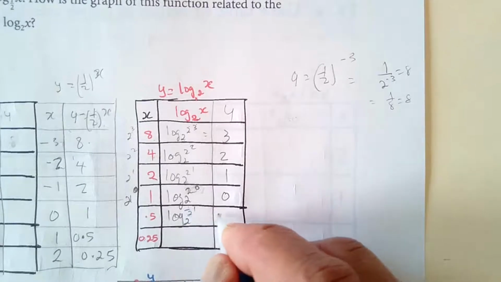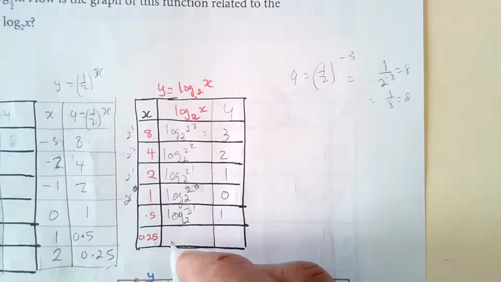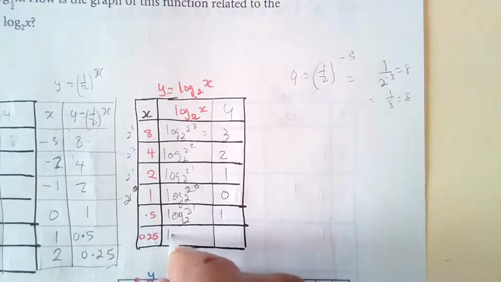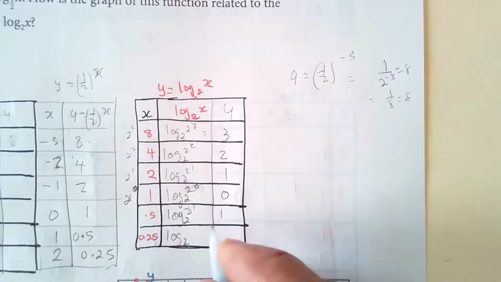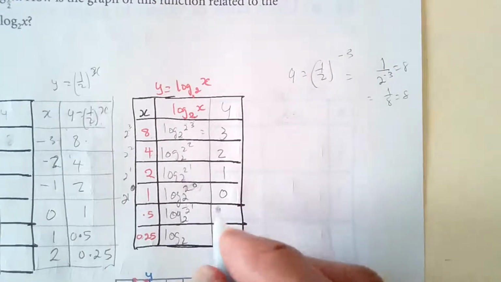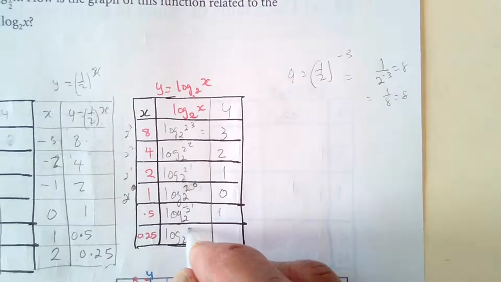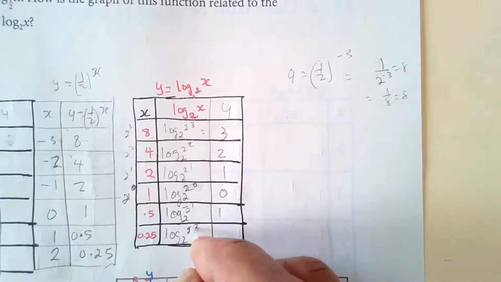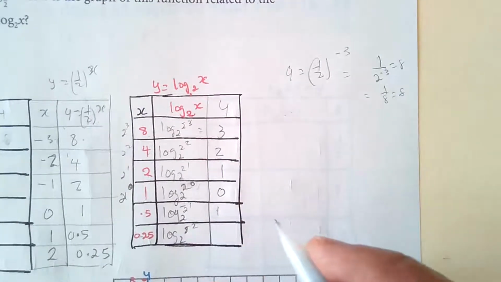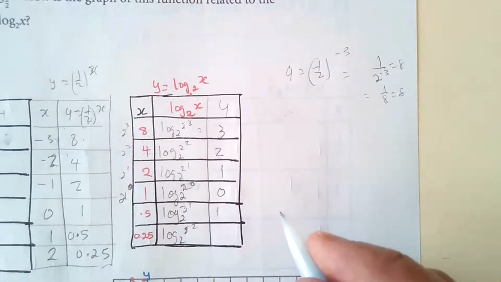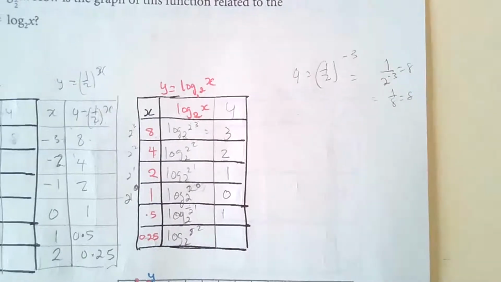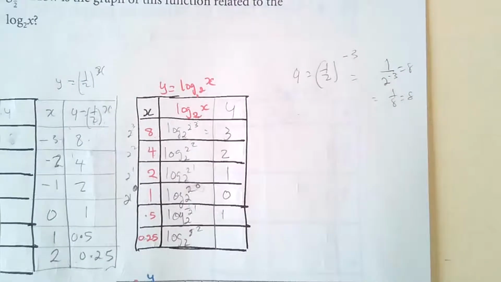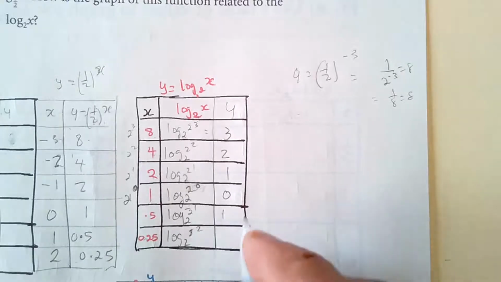Which is half, is 1, and this will give us log 2 of 0.5, and 0.25 just gives us -2.